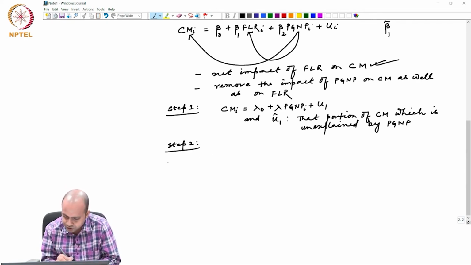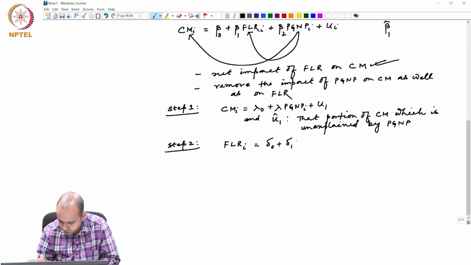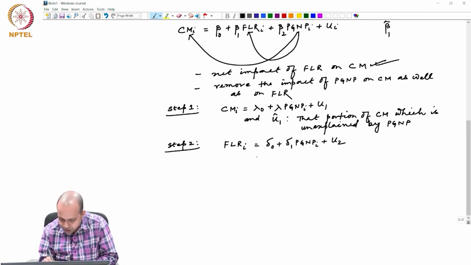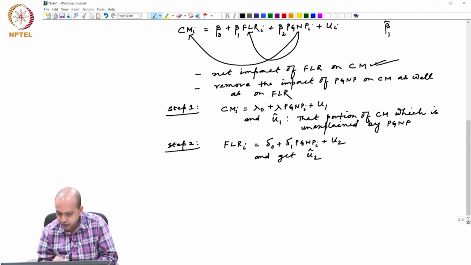We will run another regression where FLR is regressed on PGNP plus let us say u2. And from this regression what we will get? We will get u2 hat, right. Now, what does this u2 hat indicate?